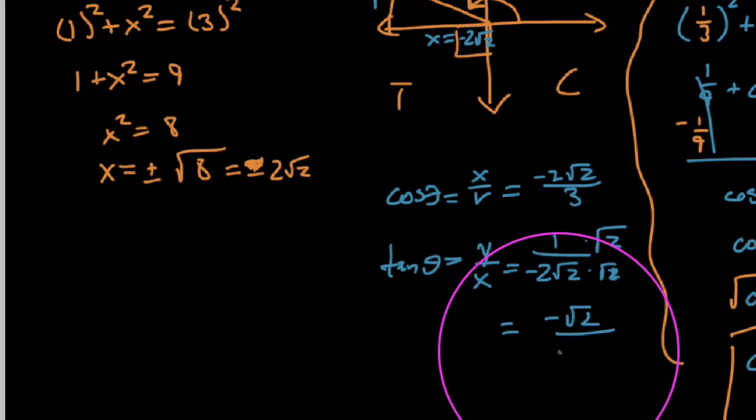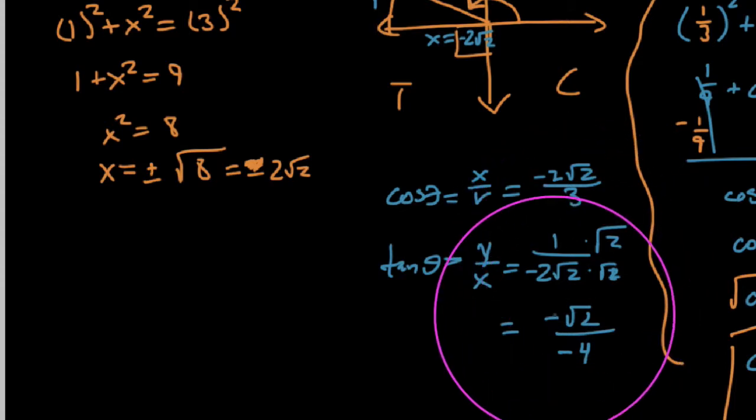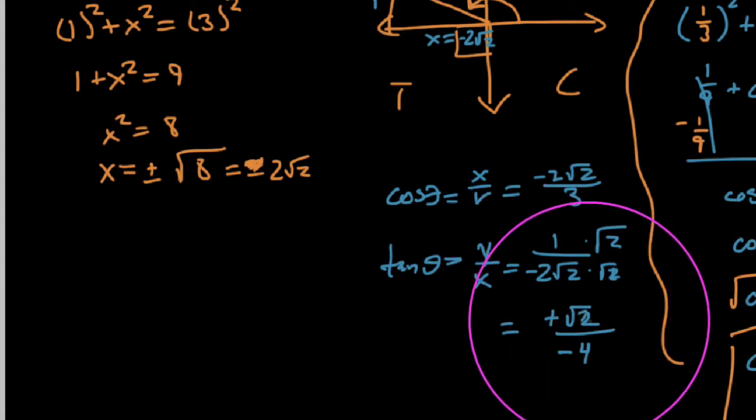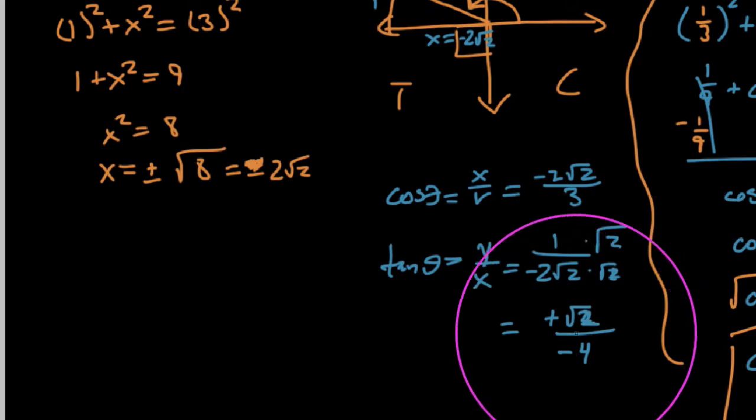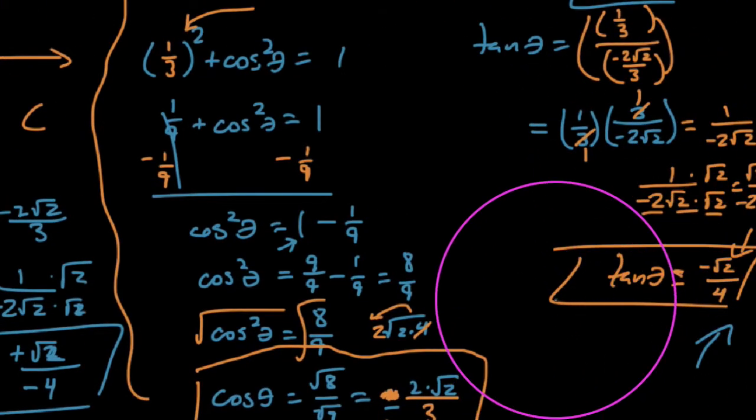So this is a negative 2 times a positive 2, which is a negative 4. Sorry, positive root 2 on top, and then over negative 4. Okay, and this was the same value that we were able to determine over here.